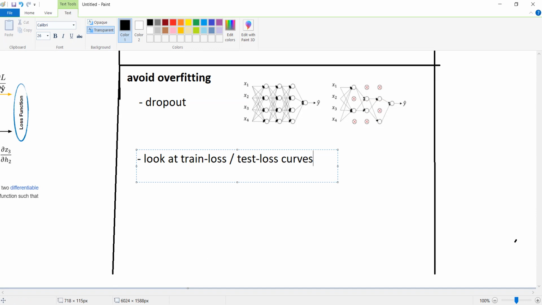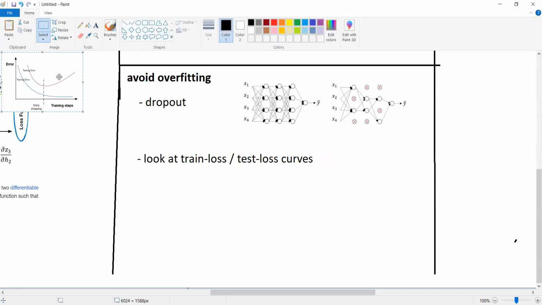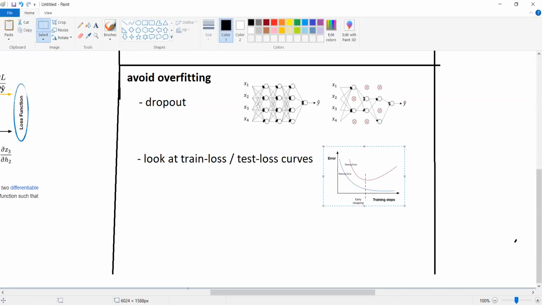So there's a nice curve. I saw a picture of it. Wait just a second, I would like to explain this picture.